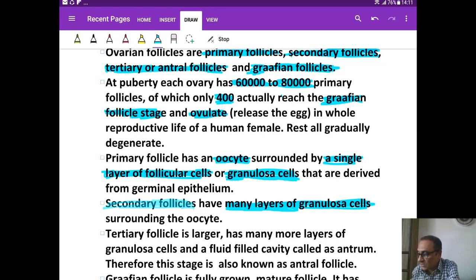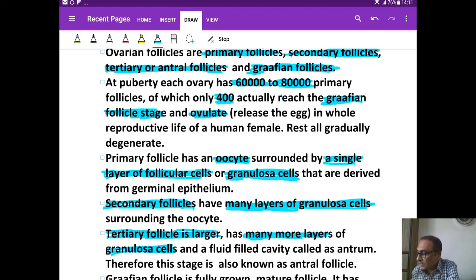So it is the next stage of follicular growth. Then it develops into the tertiary follicle, which is larger, and it has many more layers of the granulosa cells.